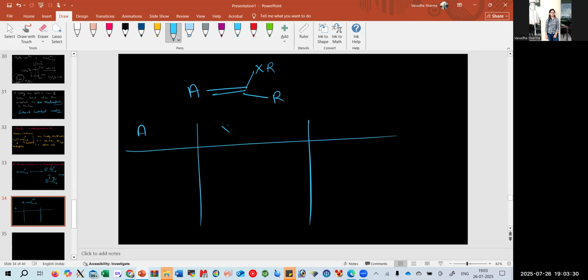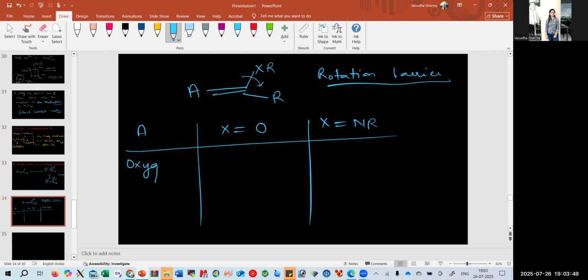let's make a table of comparison. In this case, if X equals O, X equals NR, we are talking about the rotation barrier of this one. Higher the rotation barrier, meaning higher the electronegativity and therefore more double bond character. So if A is oxygen, meaning we are talking about the carbonyl, the rotation barrier with X equals O is 12, and if it is NR, it is 18.